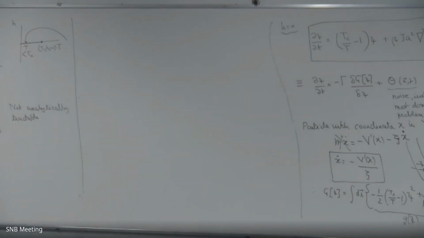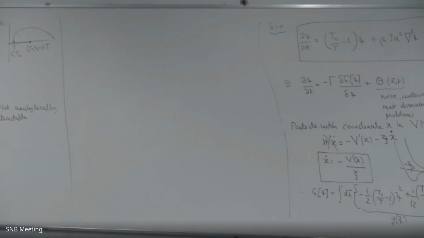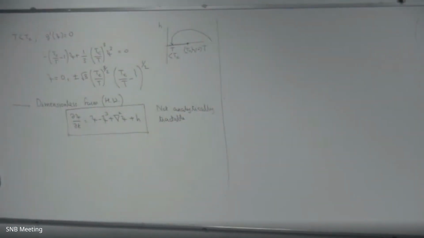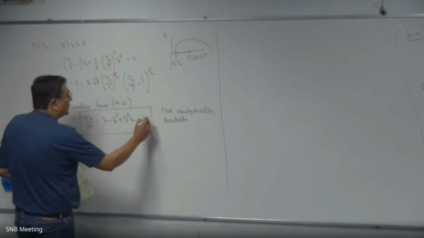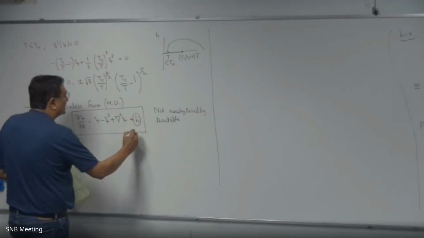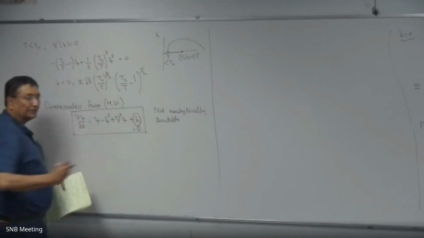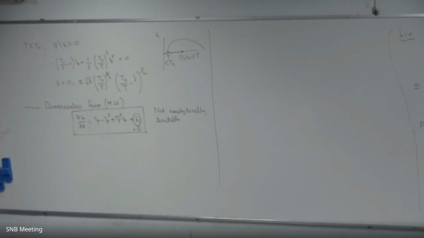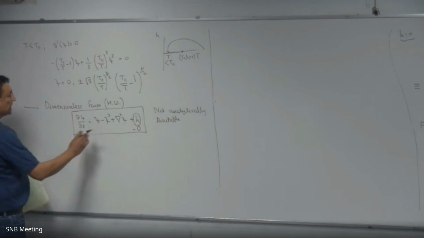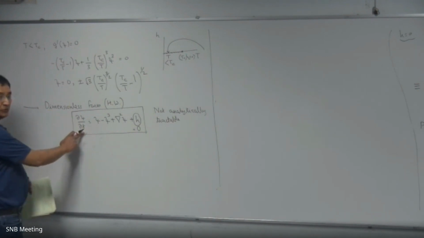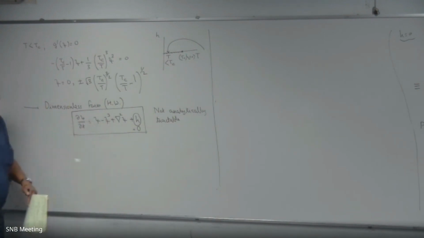With H turned on, the problem is actually not particularly interesting. You just go to the preferred phase. So I'm going to set the magnetic field to 0. That's where you have coexisting phases. What are the fixed points in this dimensionless language? Where does the dynamics stop? The fixed points are obtained by putting del by del t equal to 0 and grad squared equal to 0.